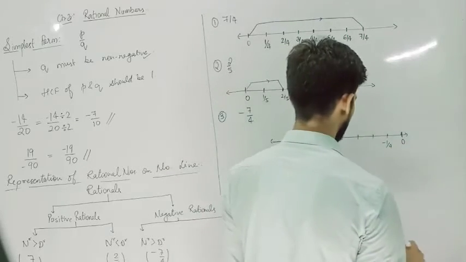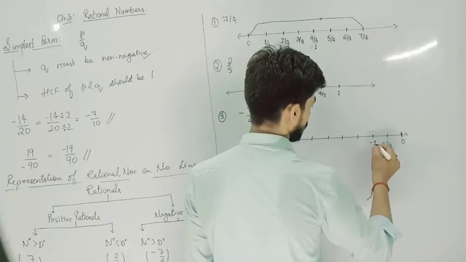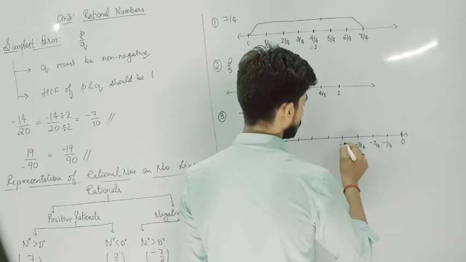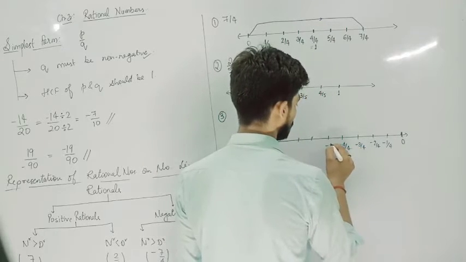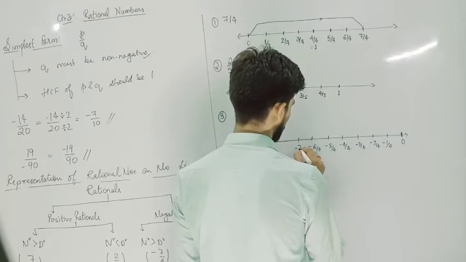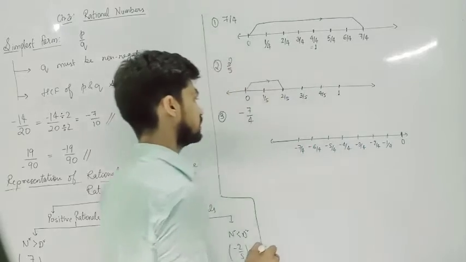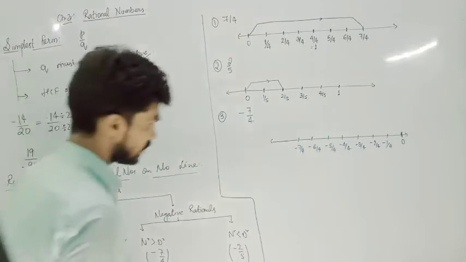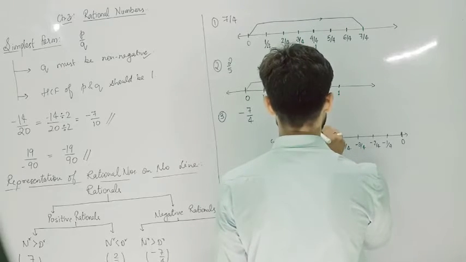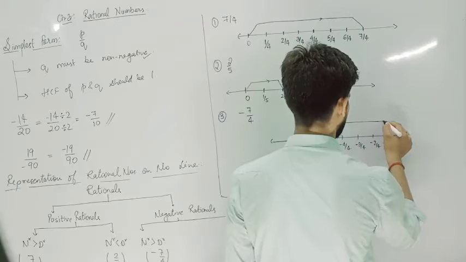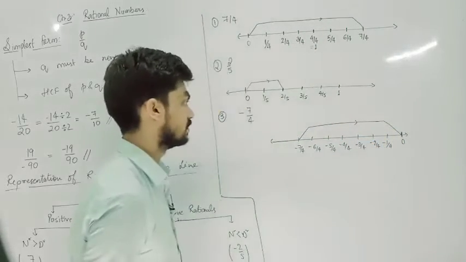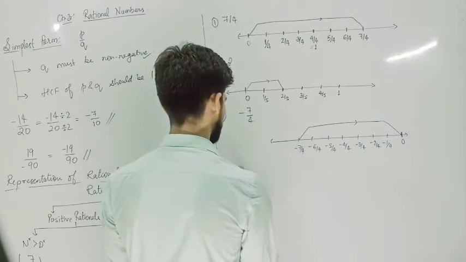Instead of calling it 1, it will be minus 1, minus 2 by 4, minus 3 by 4, minus 4 by 4, that is actually minus 1, then minus 5 by 4, minus 6 by 4, and at last minus 7 by 4. So you have to mark it like this.